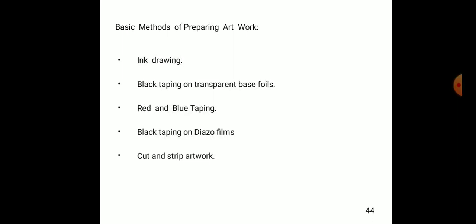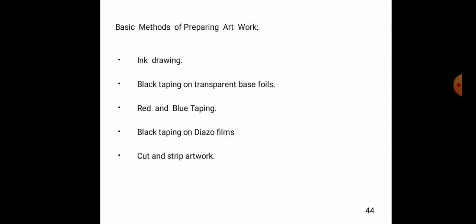Basic methods of preparing the artwork, that is the layout. You can see some of the methods here. First method is the ink drawing. We will discuss these methods briefly later. The next one is black taping on transparent base foils, red and blue taping, black taping on diazo films, and cut and strip artwork.